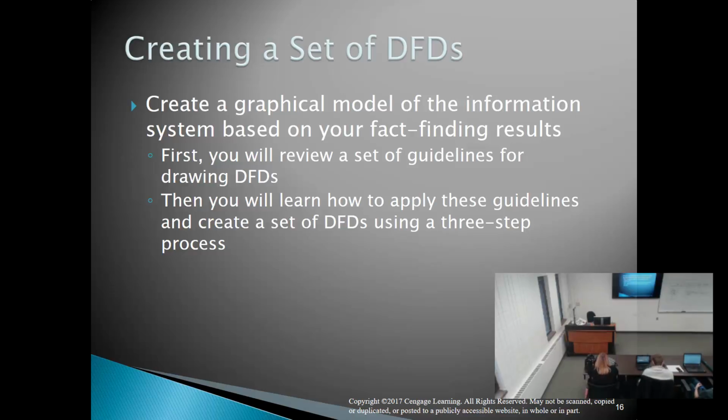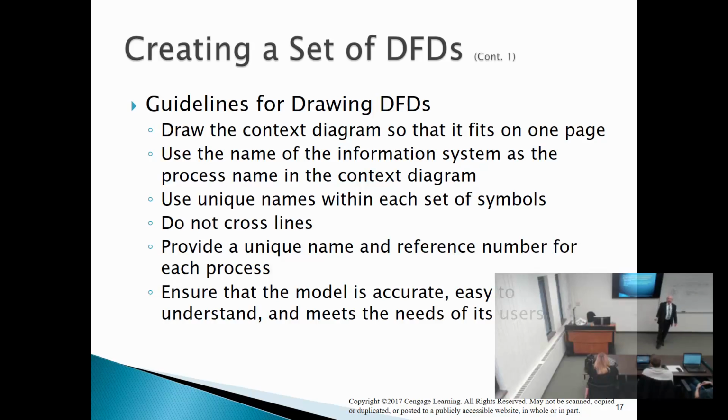Okay, so as I said, we're going to learn to create a logical set of DFDs. So, number one, review those guidelines. Number two, then we apply the guidelines to create DFDs, and it's a three-step process. So first we draw the context diagram, and the context diagram is number 0. Okay, I'm sorry, it's level 1.